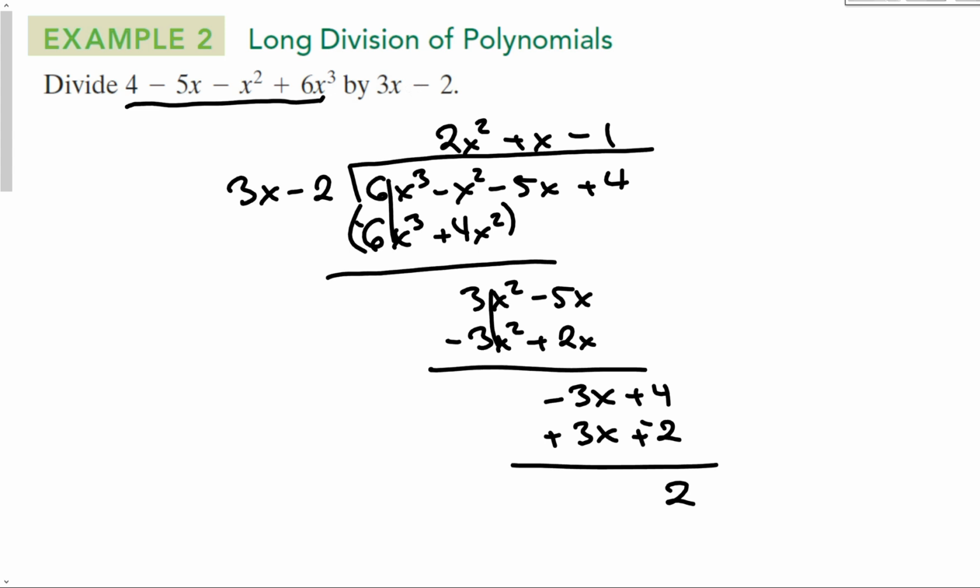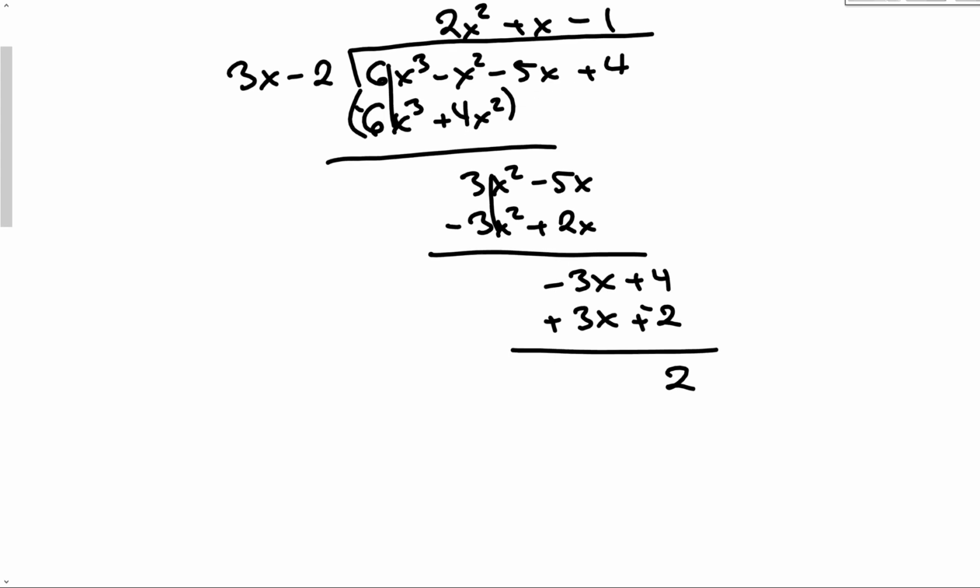The way we're going to write this is, we're going to write my answer as 2x squared plus x minus 1, not that. I don't know who learned how to do remainders like that, but we don't just put a remainder 2. But we are going to write this as a fraction.